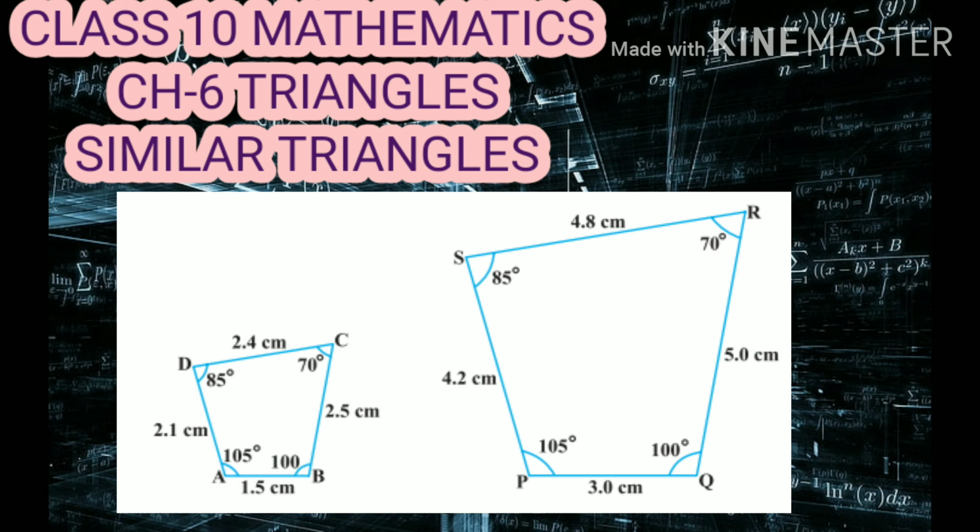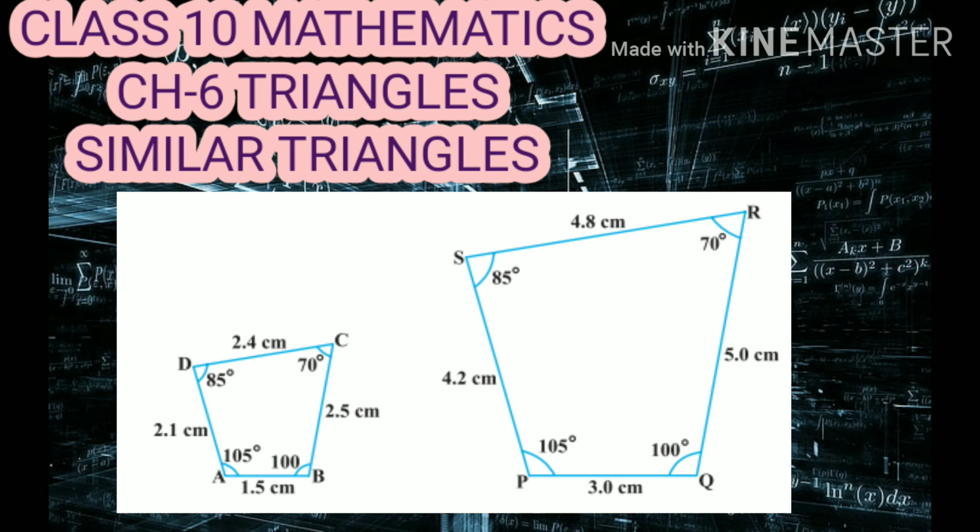Now children, let us check the ratio of sides. The corresponding sides have measurements as you can see in this figure. Side AB has measurement 1.5 centimeters and side PQ has measurement 3 centimeters.